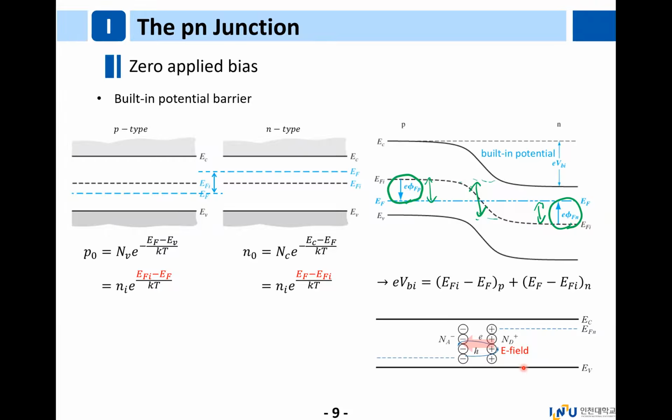The reason for having q in front of VBI is that VBI is defined in volts. Since the energy level difference is typically calculated in electron volts, dividing by q ensures unit consistency when defining VBI in volts.